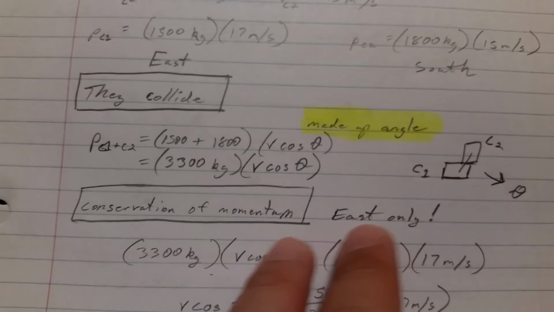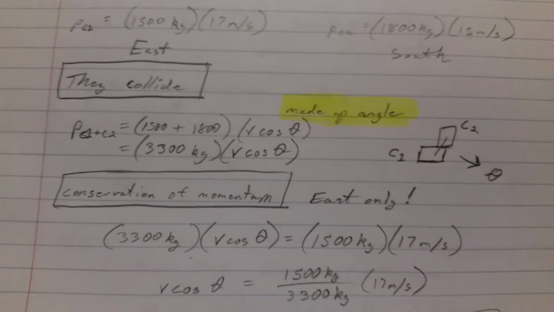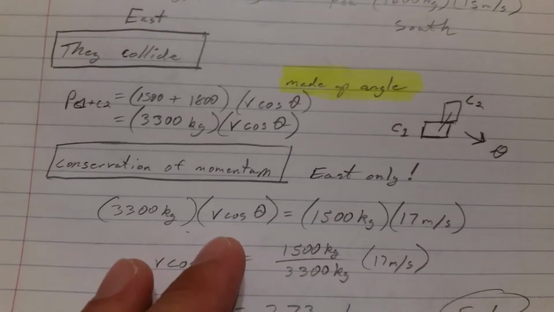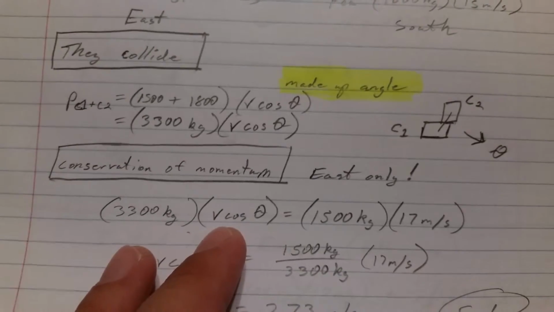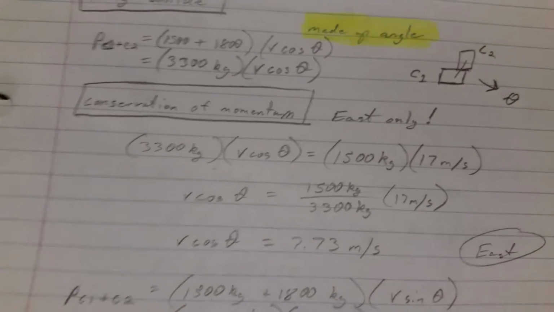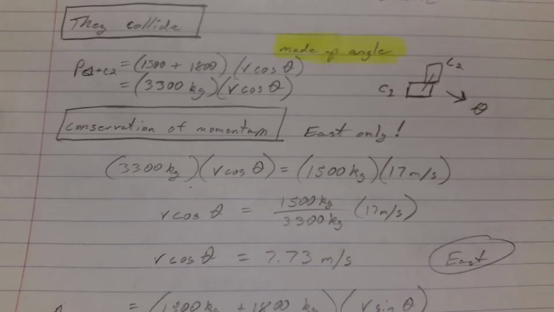So I wrote there to remind myself this is in the east direction only. So this is only the horizontal component. We can combine them based on our angle and what we know to find the momentum.